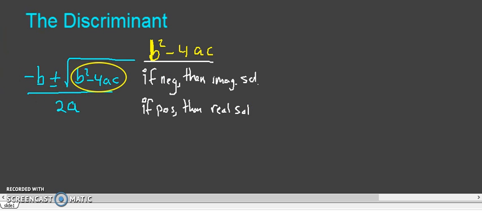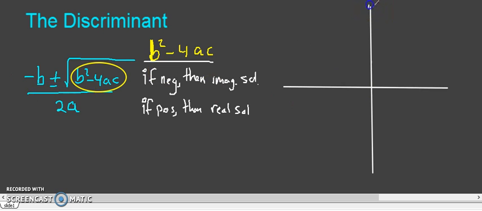Remember when we were graphing a little while ago and we had our beautiful graphs of your x and y axis. Here's the y, here's the x. The solutions to quadratic equations are where they cross the x-axis.